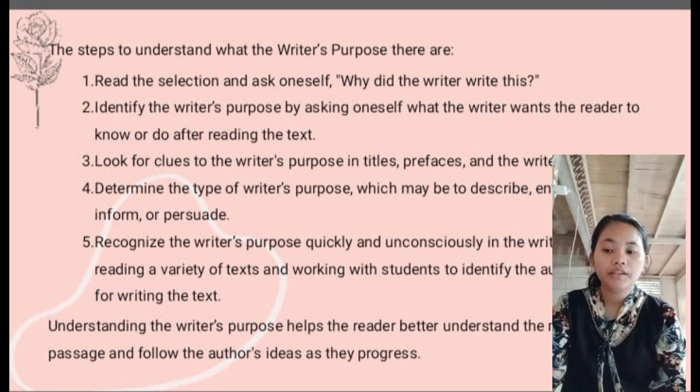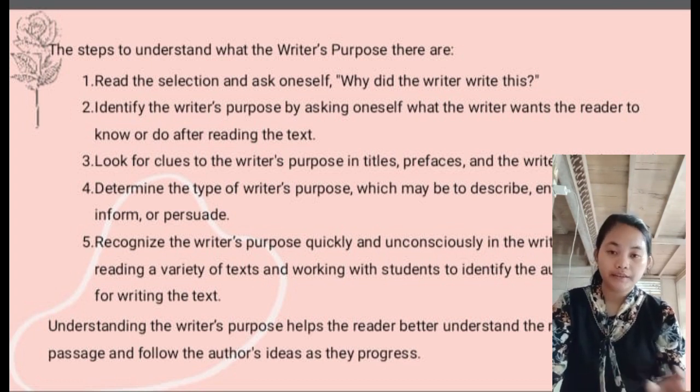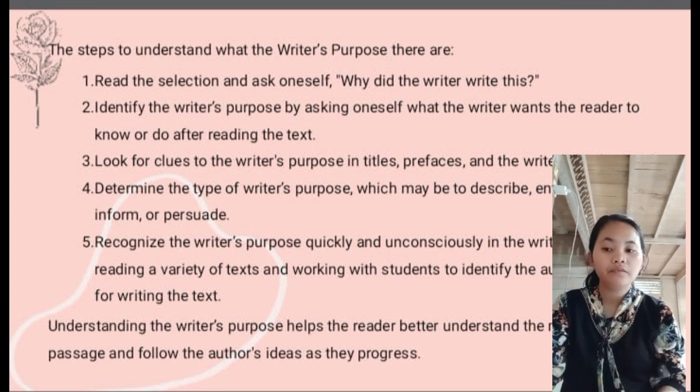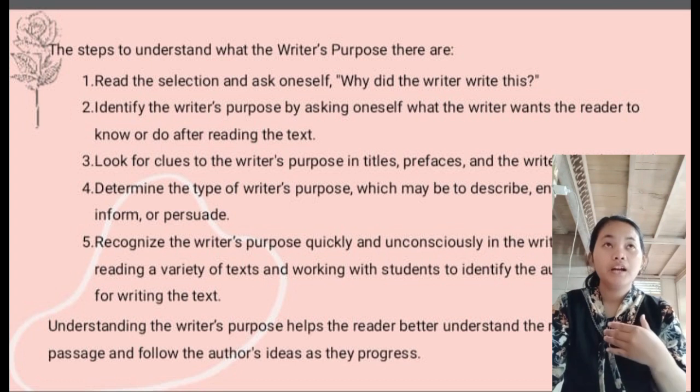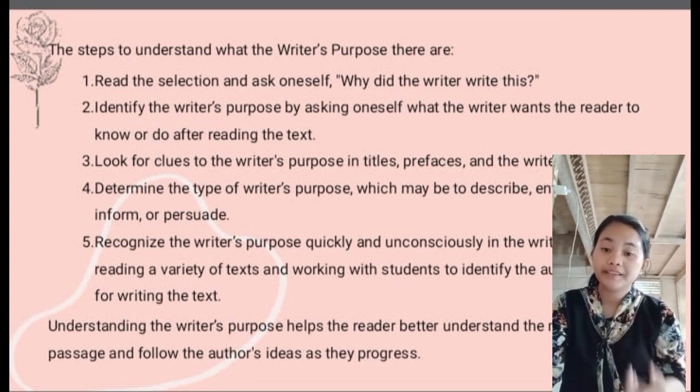So that is the first tip, namely read the selection and ask oneself why did the writer write this. After that, we identify the writer's purpose, asking ourselves what the writer wants the reader to know after reading the text.